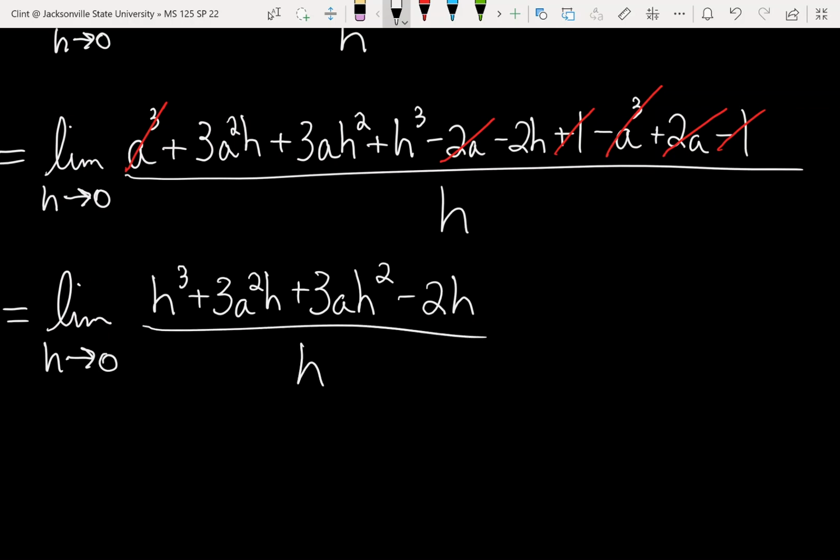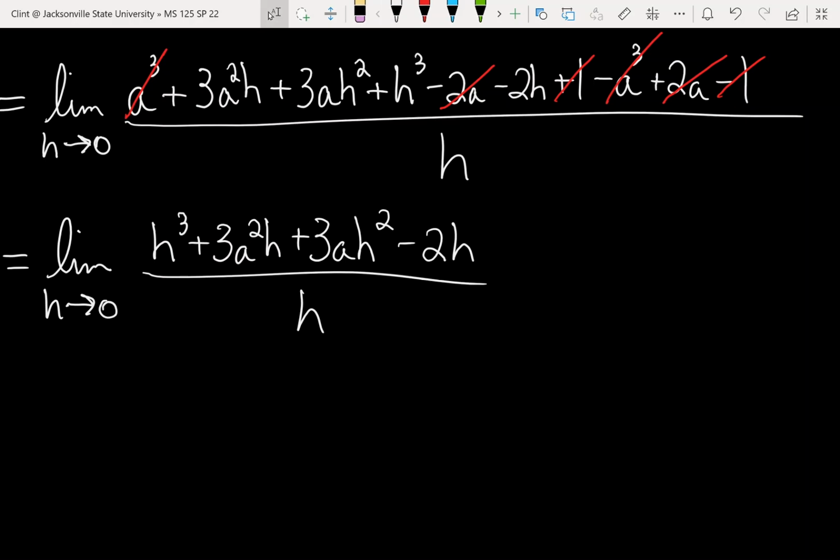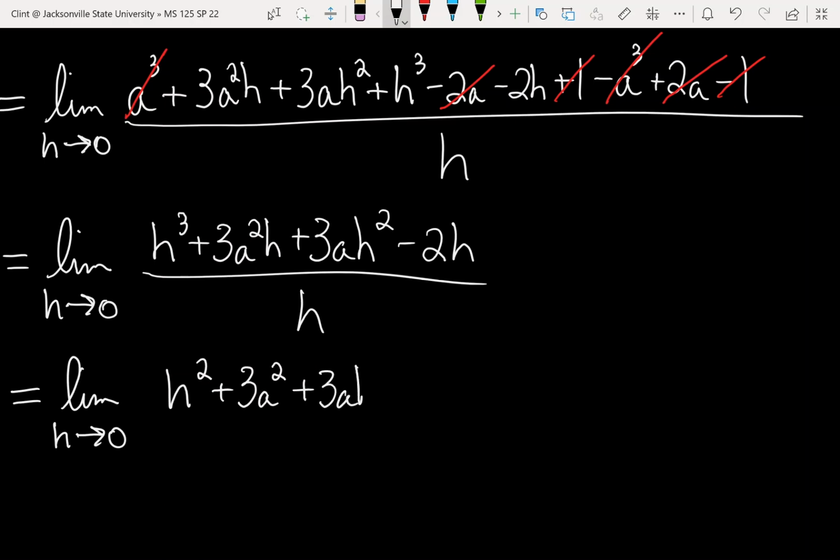Over h. We factor an h out and cancel it. I'll forgive you if you don't write that step down at this point. And you end up with h squared plus 3a squared plus 3ah minus 2. So factor out and cancel an h.